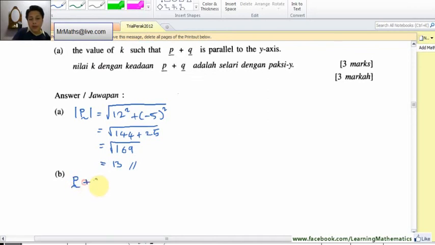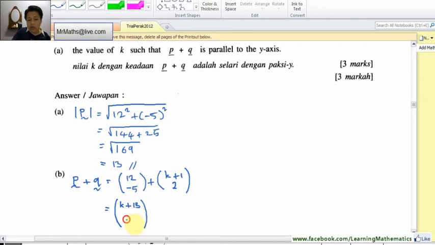P plus vector q is 12 minus 5 plus k plus 1, 2. So that is equal to k plus 13, because that is 12 plus k plus 1, so that is k plus 13, and minus 3.